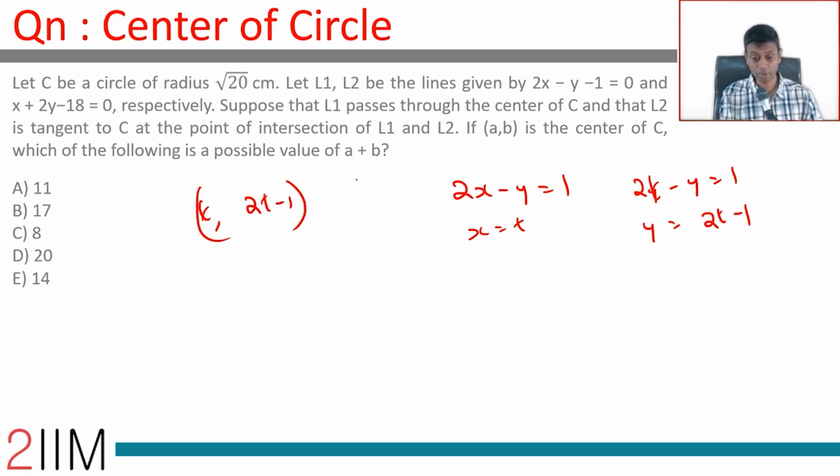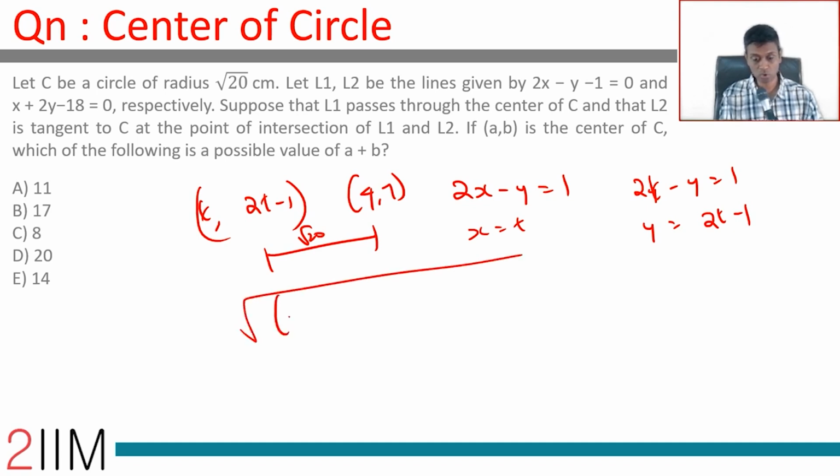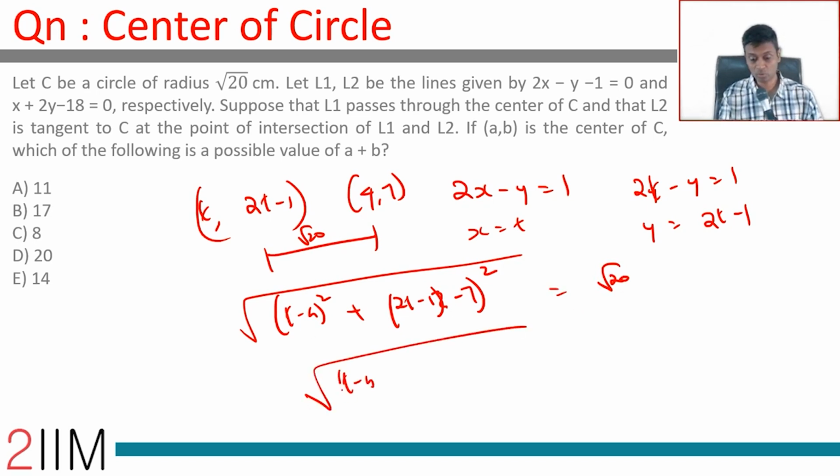The other point, the point of intersection, is 4, 7, and this distance is root 20, or square root of t minus 4 the whole square plus 2t minus 1 minus 7 the whole square equals root 20. Brilliant. This is t minus 4 the whole square plus 2t minus 8 the whole square, or 4 times t minus 4 the whole square, which is square root of 20.